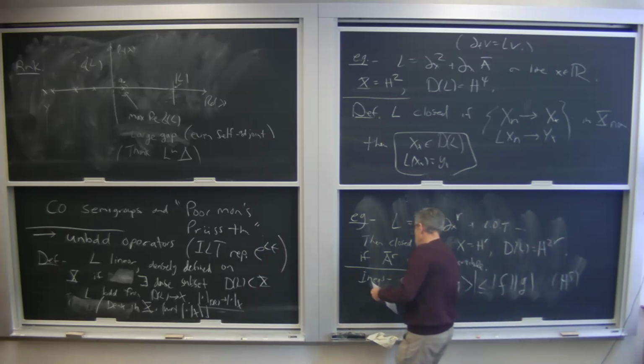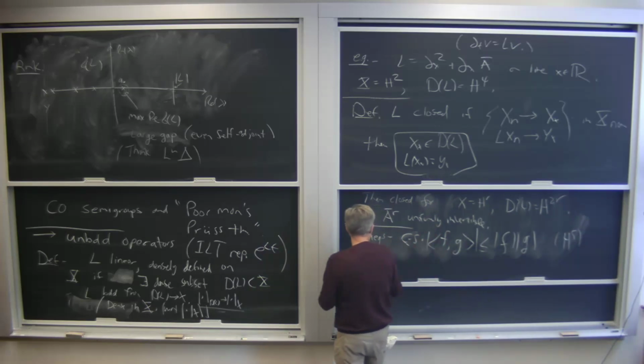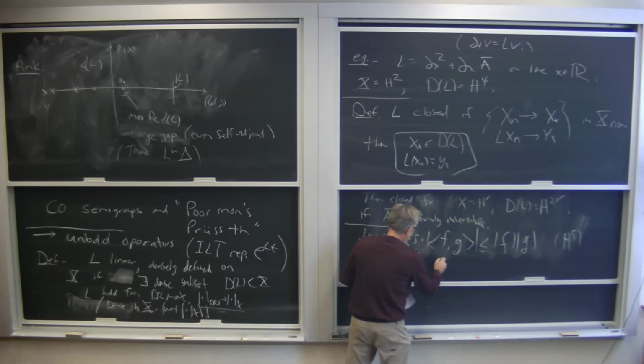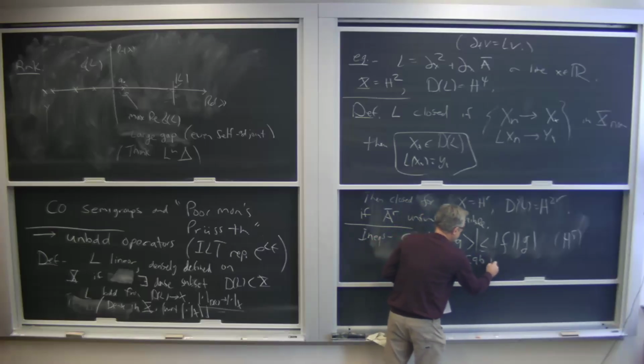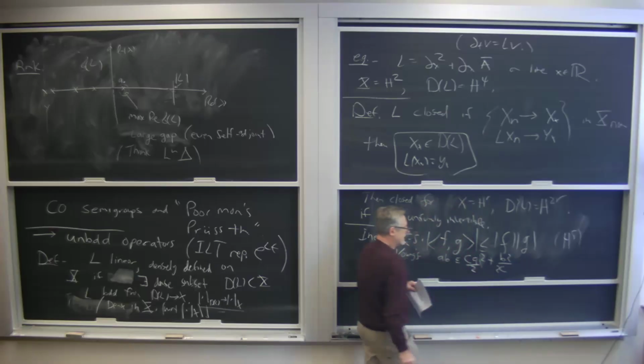That's one. The other one is Young's inequality. This is just for numbers, which is AB is less than or equal to C A squared plus B squared over C, both with a 1/2.